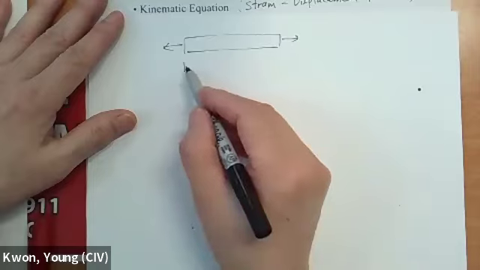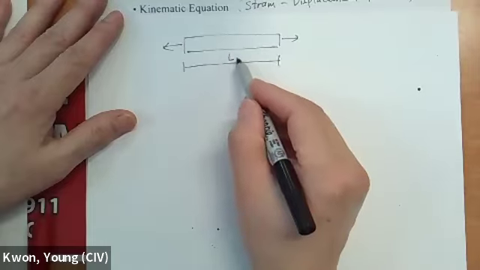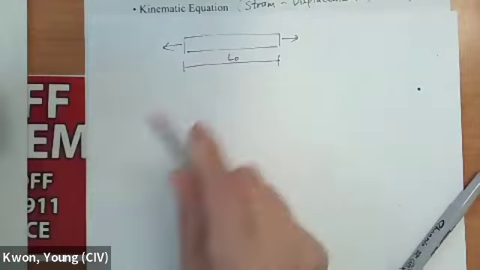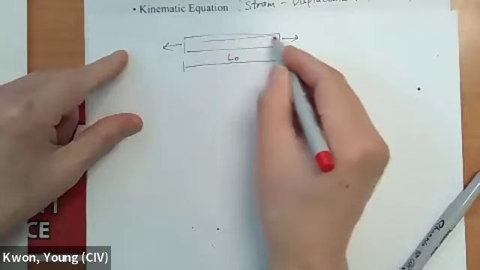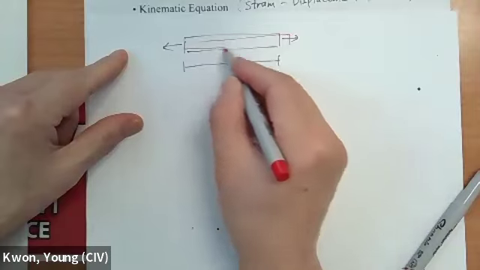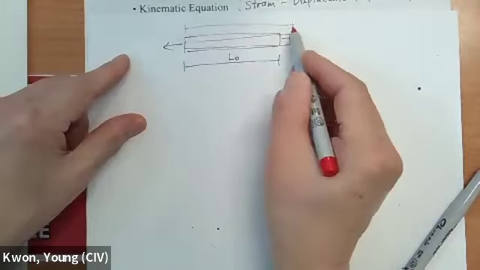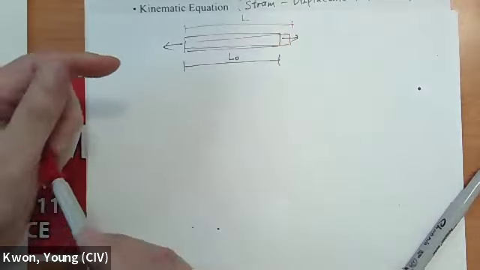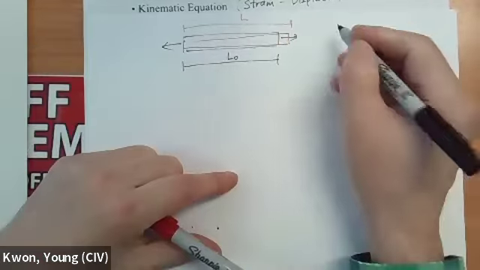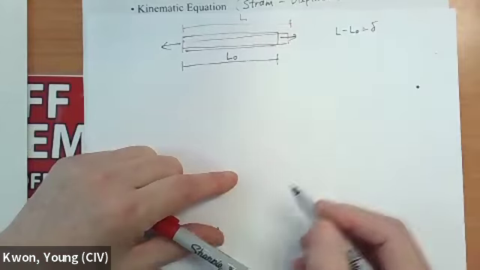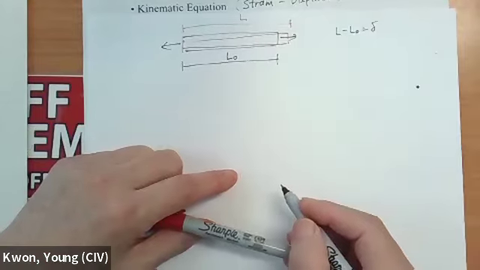this initial length is going to be L0, and after applying the load, this extended to this much. So this length is going to be L. Then the difference between L minus L naught we call delta, right?